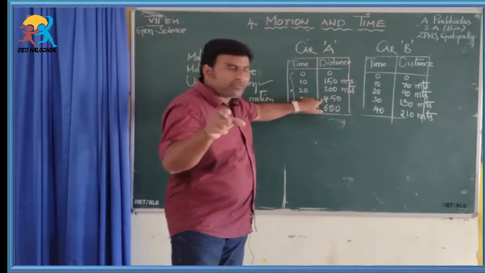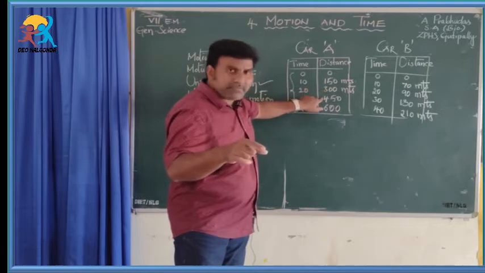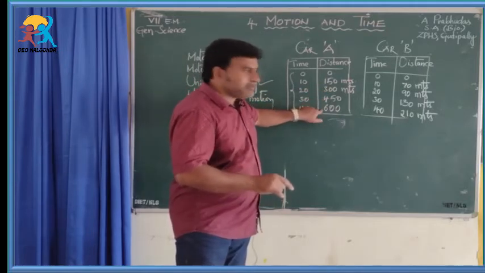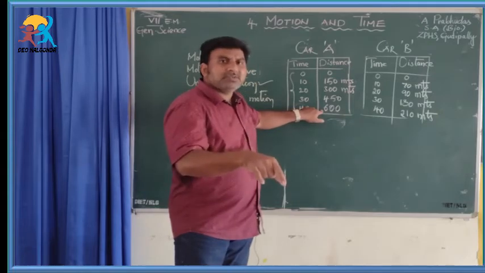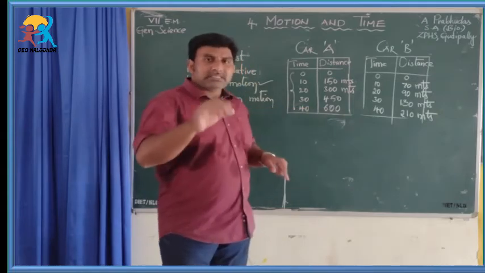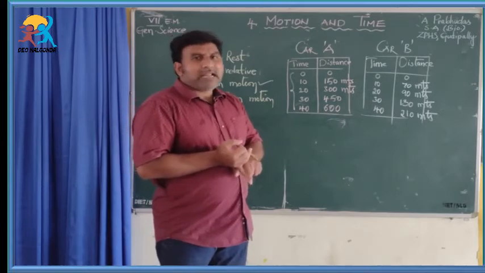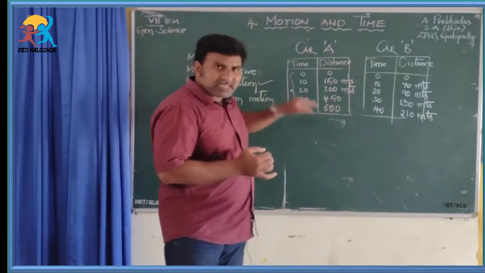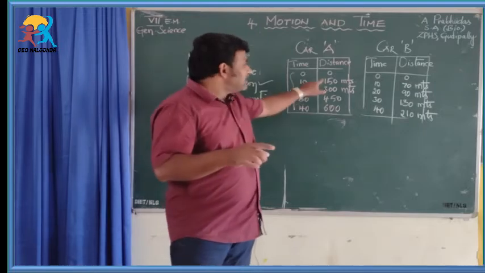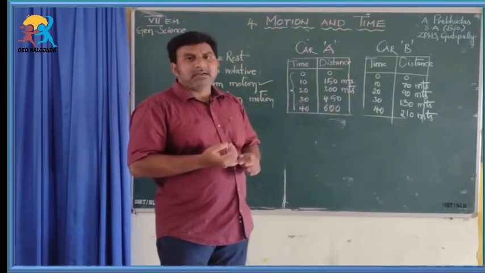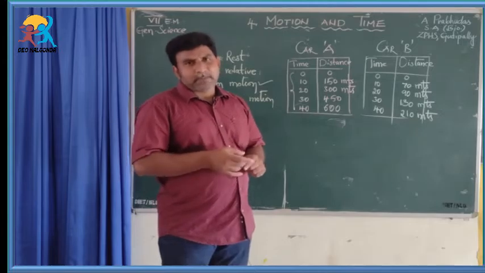If you subtract 300 from 450 you get 150. If you subtract 450 from 600 always you get 150. So the distance travelled by the car at equal intervals of time is always the same. Such type of motion is called uniform motion.